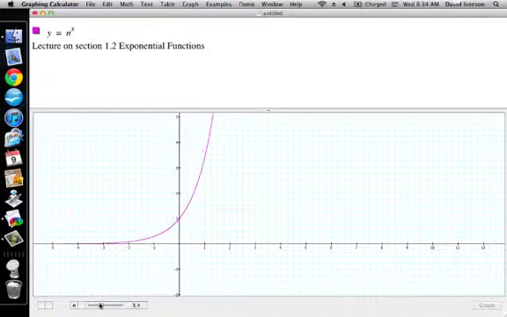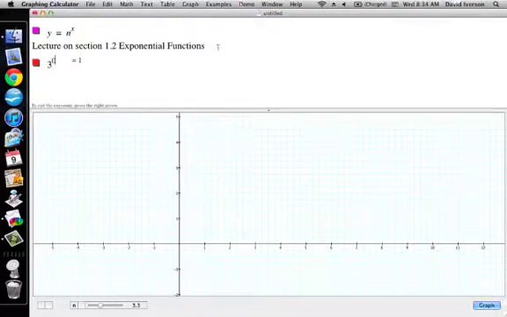Okay, now the one thing that I want you to notice is that it's pivoting around this point right here. So it's pivoting around the point 0, 1. And if you think about it, it's because if I have 3 to the 0, that's 1. If I have 5 to the 0, that's also 1.